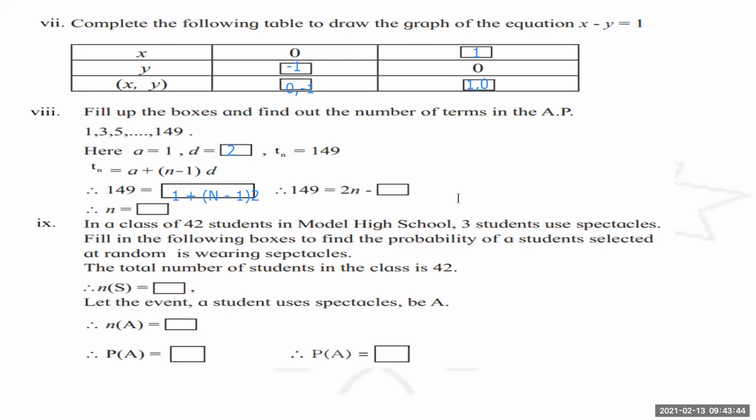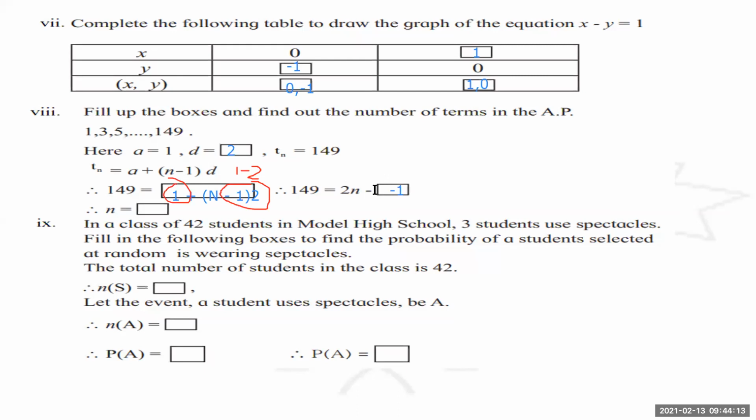We get 2n, and 2 into minus 1 is minus 2. Check this 1 and this 2 into minus 1, that is minus 2. So you get 1 minus 2. The answer is minus 1. Is this clear to all the students here?